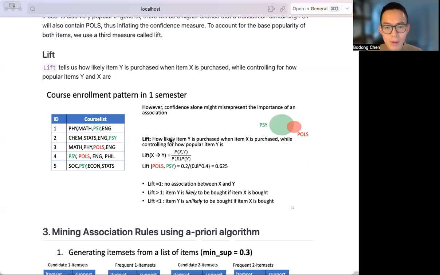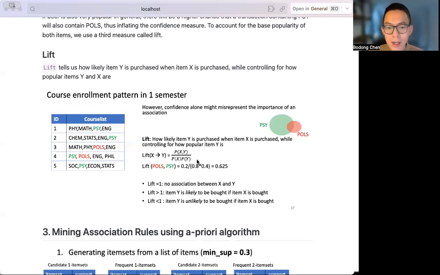Using the same example, for the lift of political science and psychology, we need to add another measure to be divided, and then we get a value of 0.625 after considering how frequent item Y is.